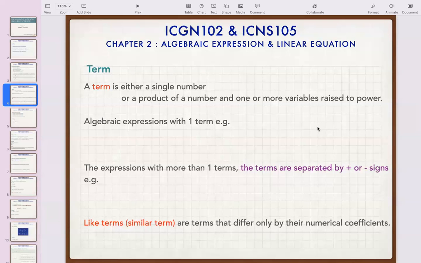A term is either a single number or a product of a number and one or more variables raised to a power.